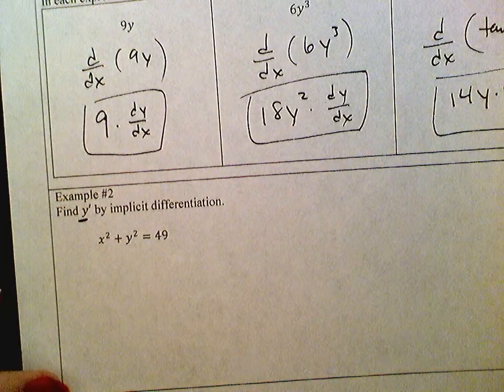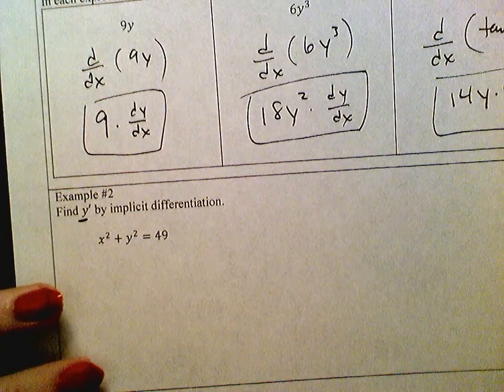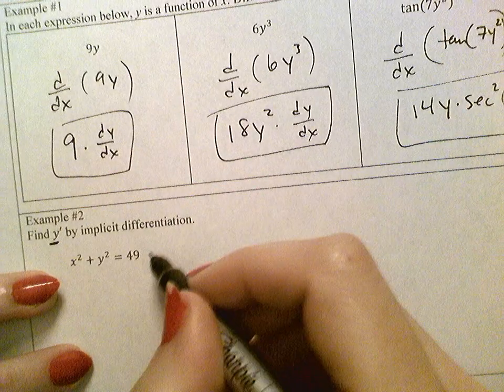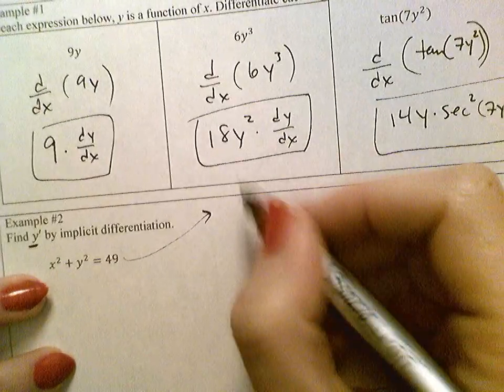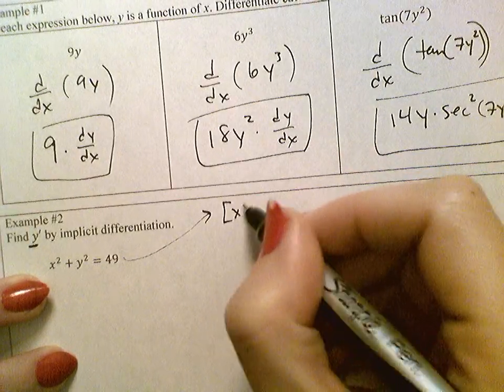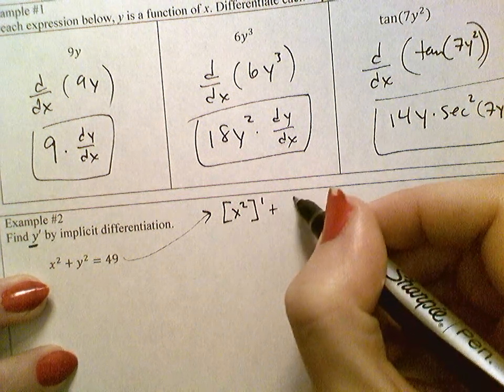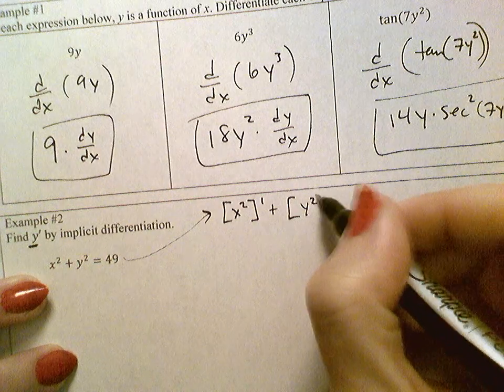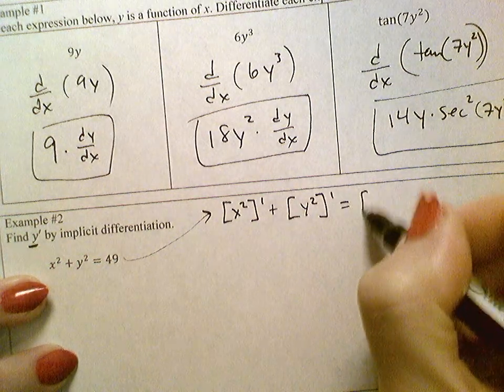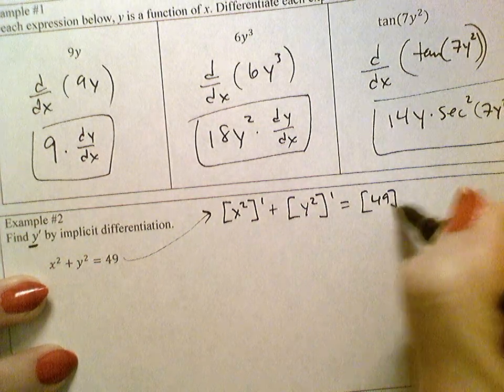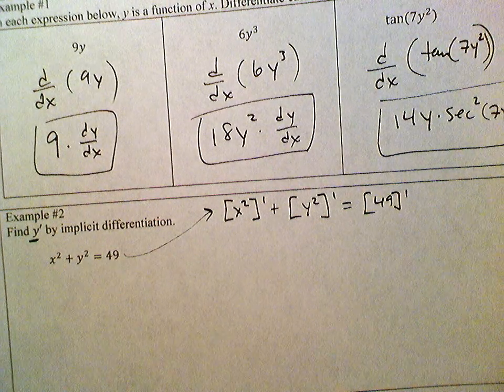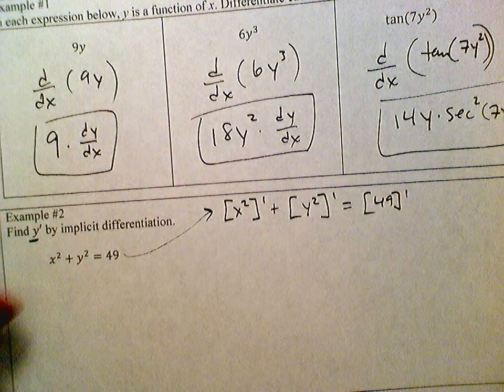So what you do, guys, is you go like this. In the past, I would have you take the derivative at the very beginning, like this, of every term involved.